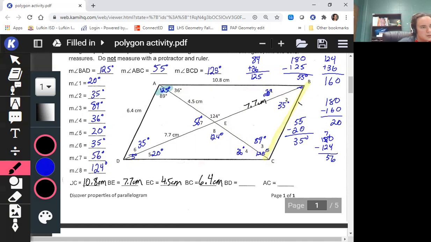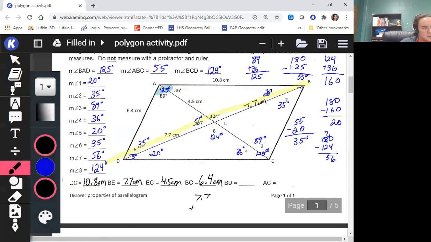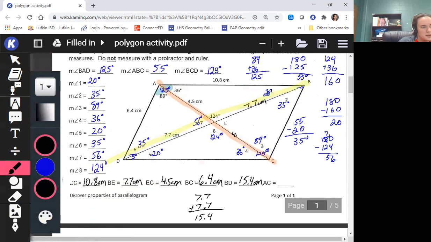Then we're looking for BD, which is from corner to the opposite side. We've got 7.7 and 7.7. When you add it together, you get 15.4 centimeters. And then last up on this one, we're looking for A to C, which is all the way across, 4.5 and 4.5 gets us 9 centimeters.